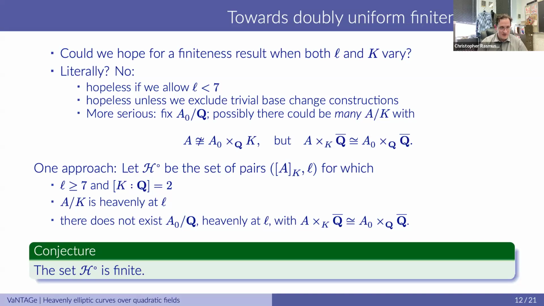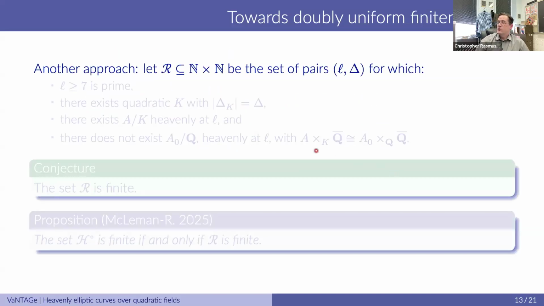And that's a little bit bold because I haven't given enough of a justification for this, but I'll come to that in a moment. But it can be a little bit difficult to wrap our mind around this set of pairs of curves together with primes at which they're heavenly. So I'd like to present a different sounding finiteness conjecture, which turns out to be equivalent. So rather than asking to tabulate all of the elliptic curves which are heavenly over some quadratic number field, we can instead ask this as sort of a binary yes-no question.